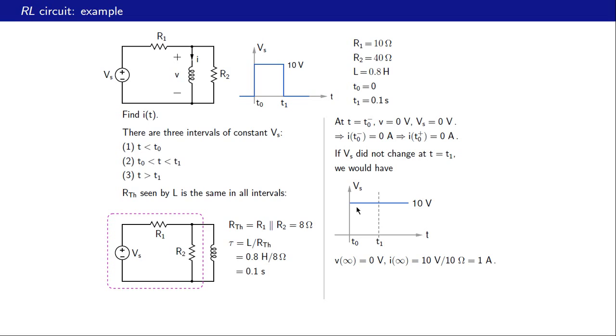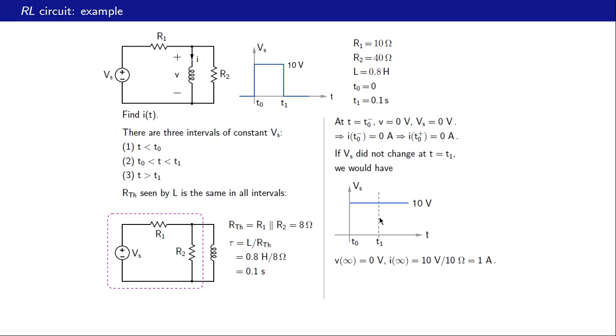How can we assume that Vs is 10 volts in this interval when it is actually 0 volts? The answer to that question is that it does make sense as long as we are in this region up to t1. So what we will do is we will assume this condition, but we will consider the solution to be valid only up to this point t1.